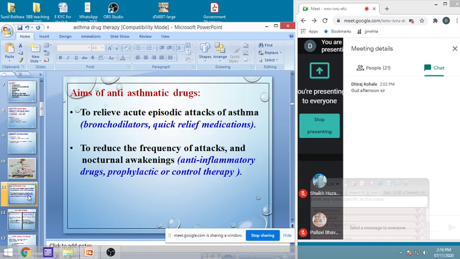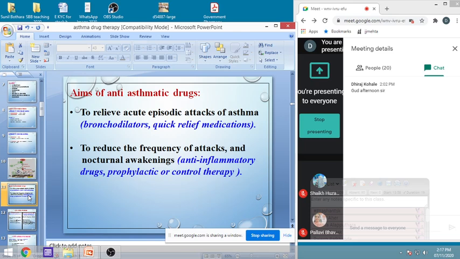Any drug, whenever it is used, prophylactic is to prevent, and therapeutic drugs are to cure. Symptoms are already there, it is a known problem. So in that case, whatever drugs are used to cure, we call them a therapeutic use, and to prevent any kind of problem, that is, at present there is no problem but in future there are chances of a problem, then we call it prophylaxis.